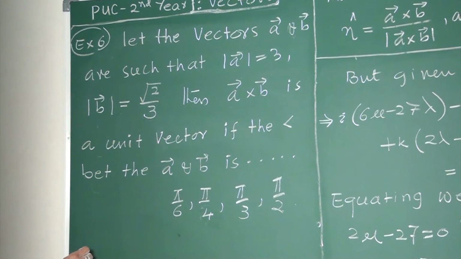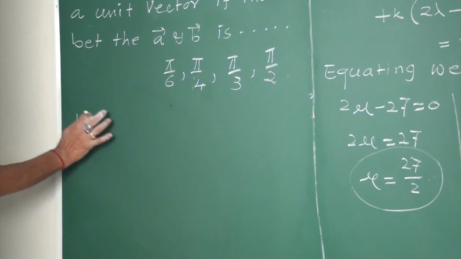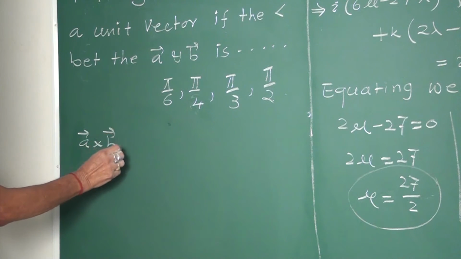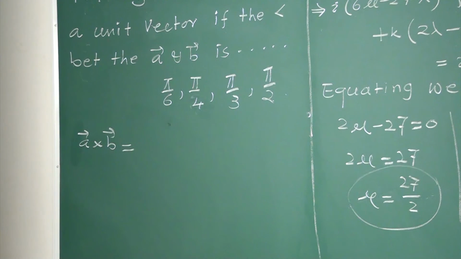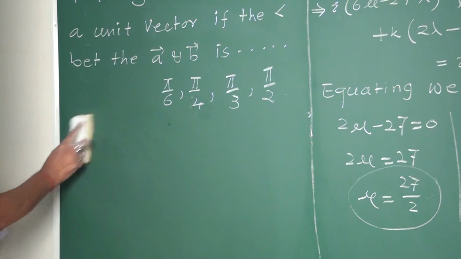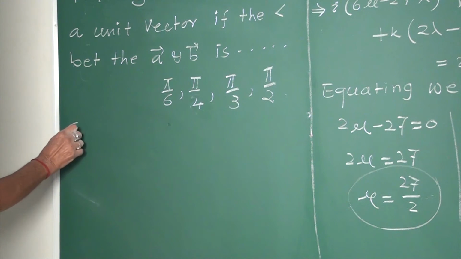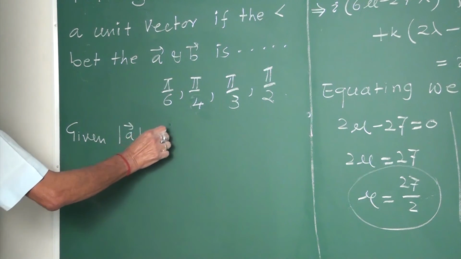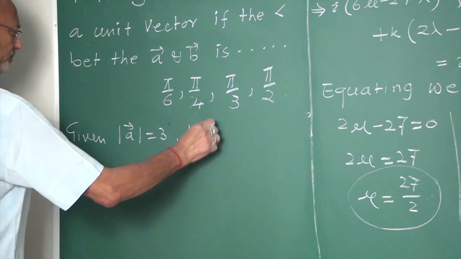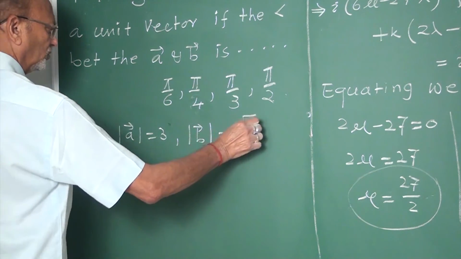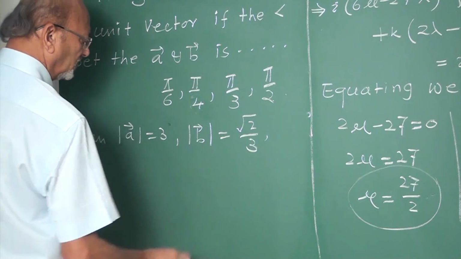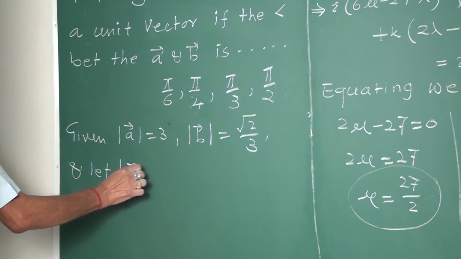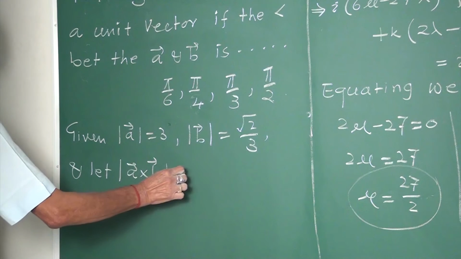We know, by definition, A cross B equal to. You write the given things first. Given: magnitude of A is 3, magnitude of B is root 2 upon 3, and let magnitude of A cross B equal 1 unit.